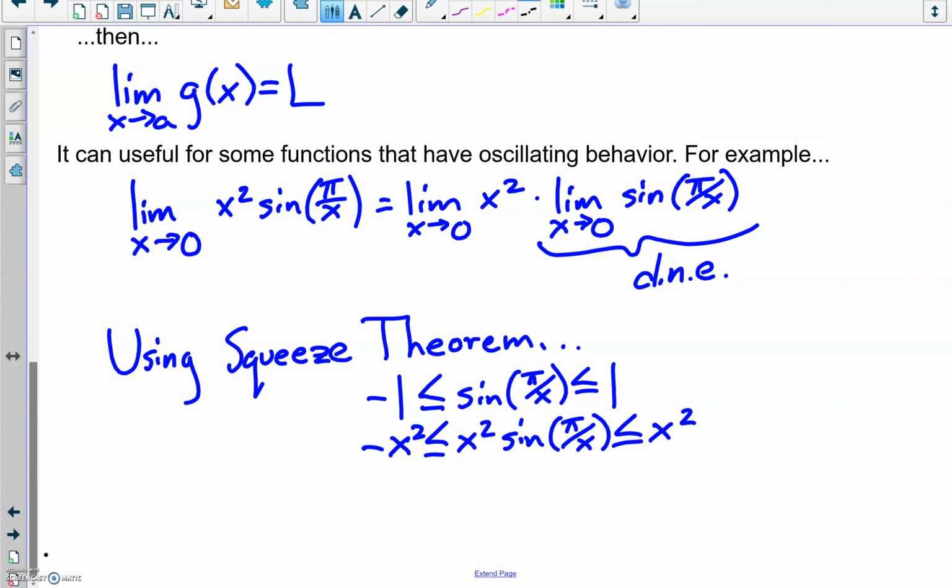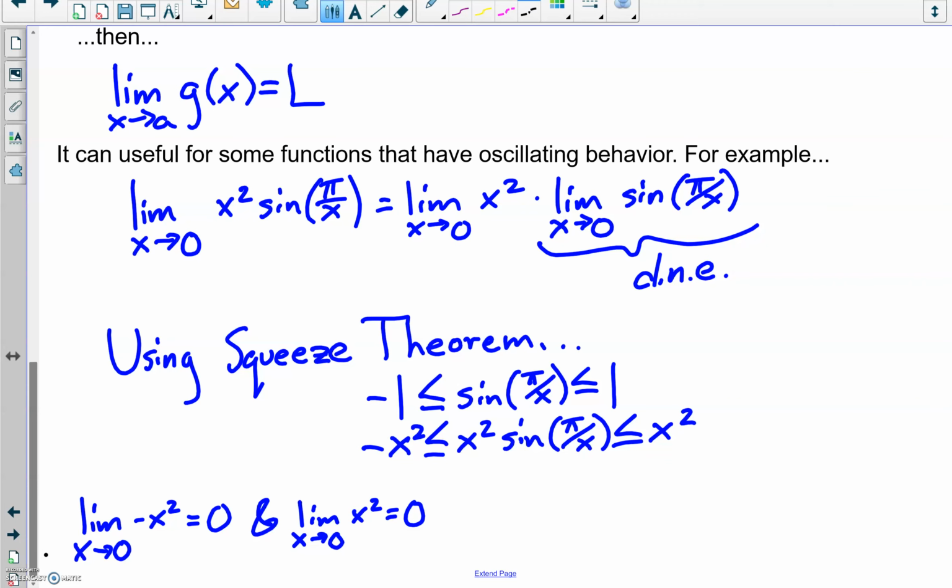And now I'm going to look at the limits of the left and the right side. Doing those, the limit of -x squared as x goes to 0 is 0. You can use limit laws to get there. And the limit of positive x squared as x goes to 0 is also 0. So we have the left side of the compound inequality going to 0 and the right side going to 0.